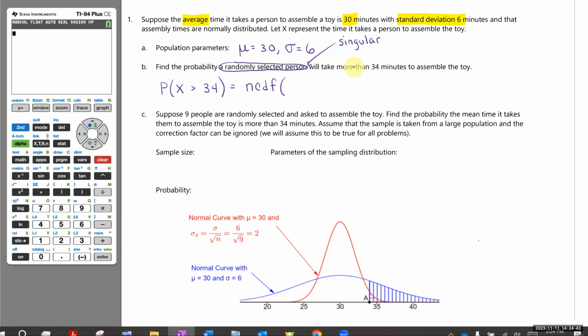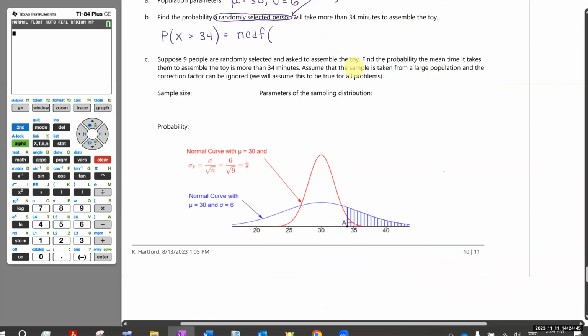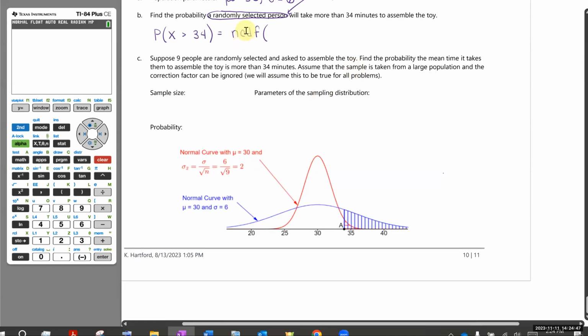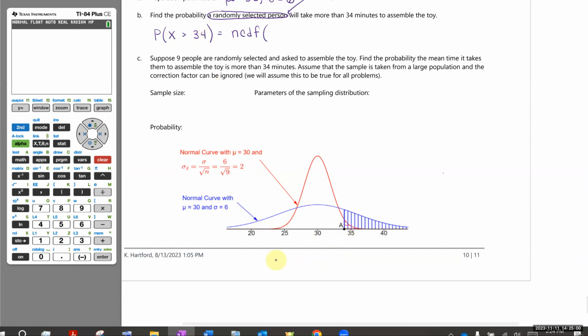And I am going to just come down to the picture here for a second, just to remind you that when we use normal CDF, we have to get the order correct as we enter information on the calculator. We're looking for values of X greater than 34. So there's my 34.